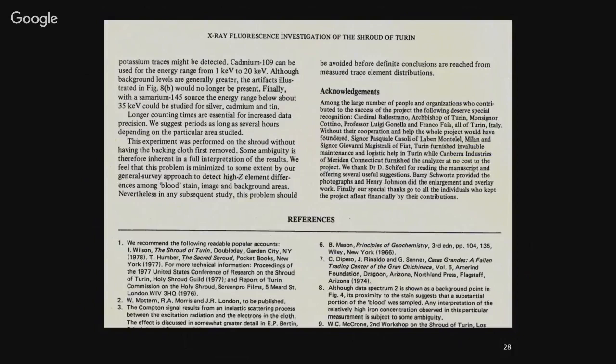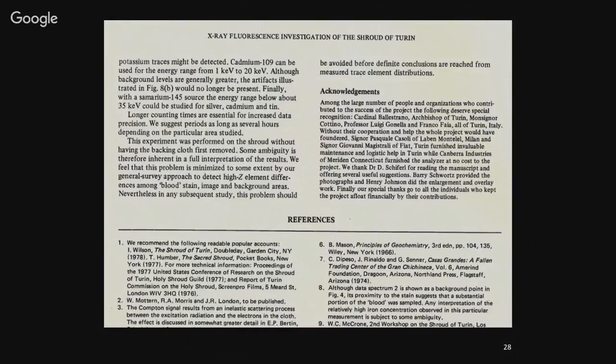We feel that this problem is minimized to some extent by our general survey approach to detect the trace element differences among blood stain, image, and background. So even though these are not definitive results, they do show the differential between the different types of area on the shroud that were tested.